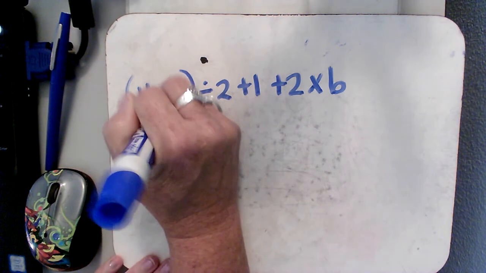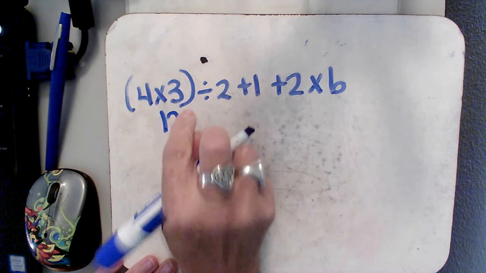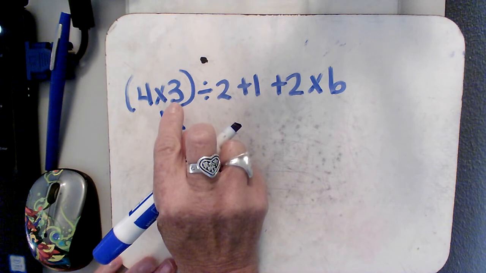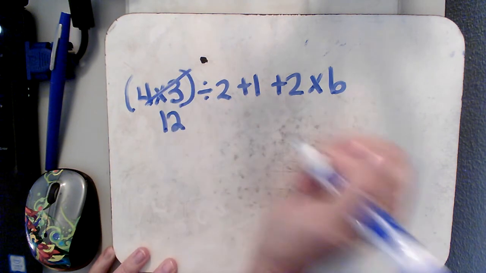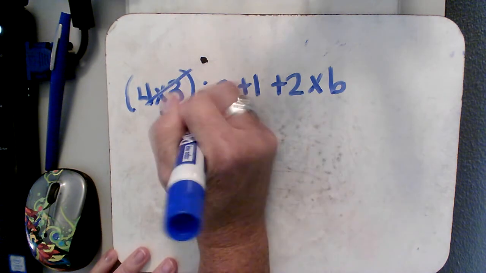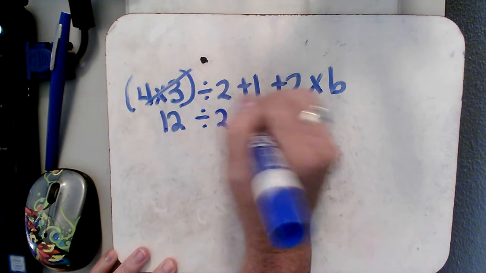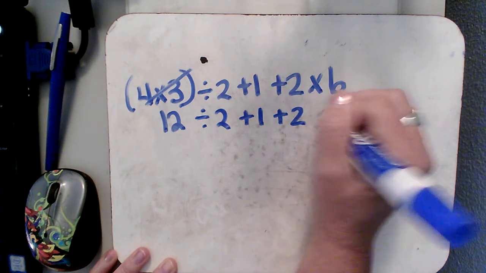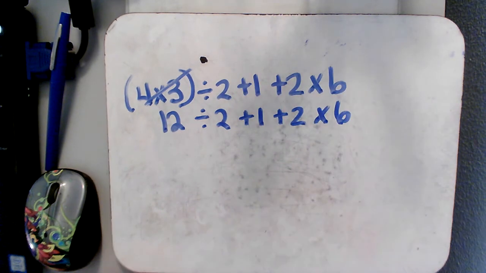12. What do we do to this 4 times 3 now? Mark it out. And then what? Bring everything down. Kelsey, do you know what's next? 12 divided by 2.